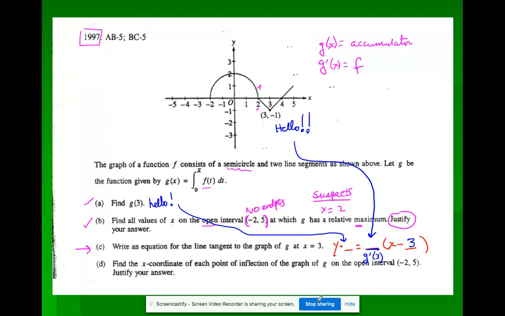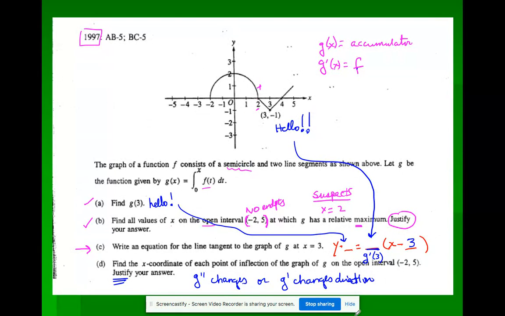D, we talked about, find the x coordinate of each point of inflection. Justify. Point of inflection is where the second derivative changes sign. But that is also, and you don't have to write that, where the first derivative changes direction. Right?